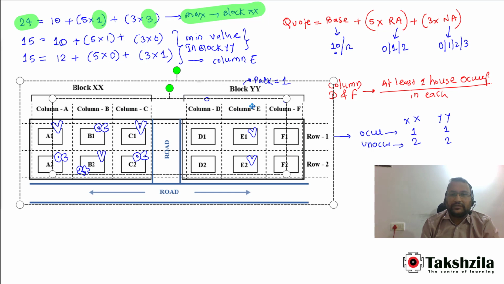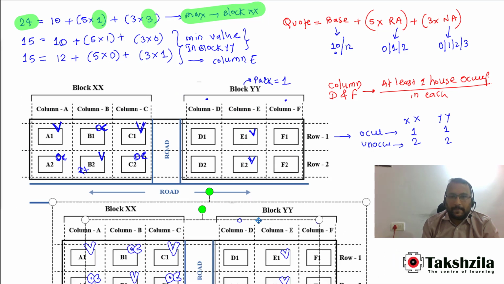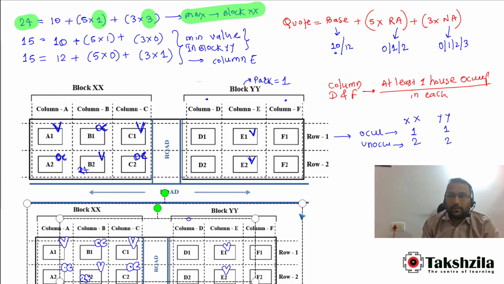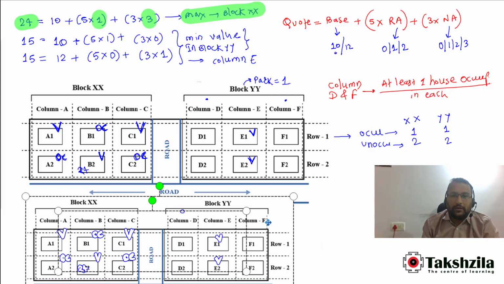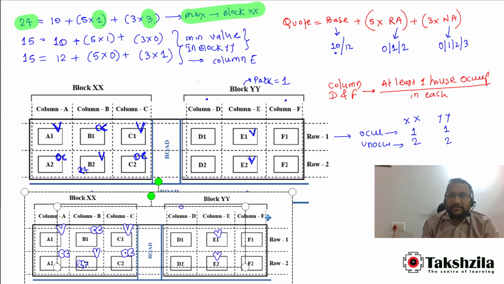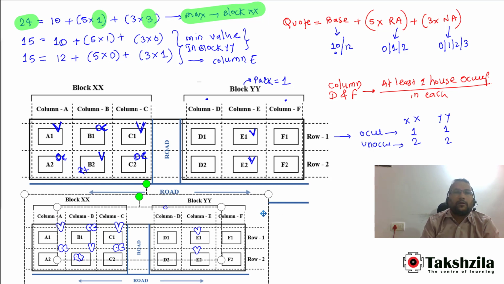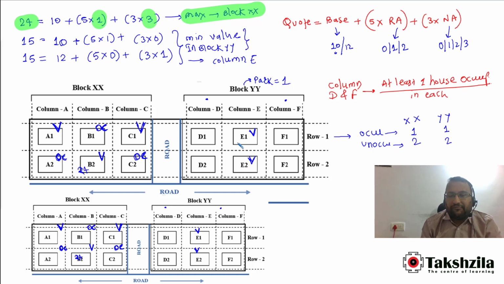In the first case, if the 15 lakh is the value of E1, then the road adjacency value is 0, which means this one is with the parking.